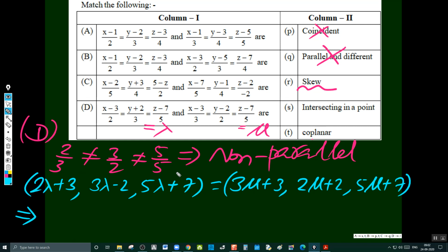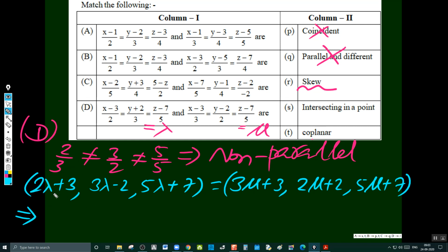What is the purpose here? You are getting three equations. Whether they are intersecting or not, the third equation will tell you. If the values got from the first two equations satisfy the third also, then they will intersect. If it is not satisfying, then they will never intersect. That means they will become skew lines.